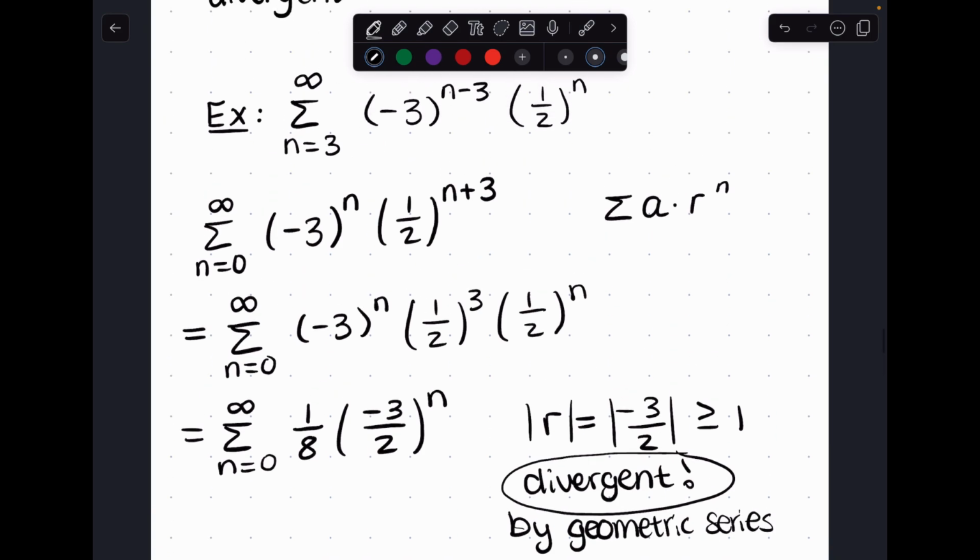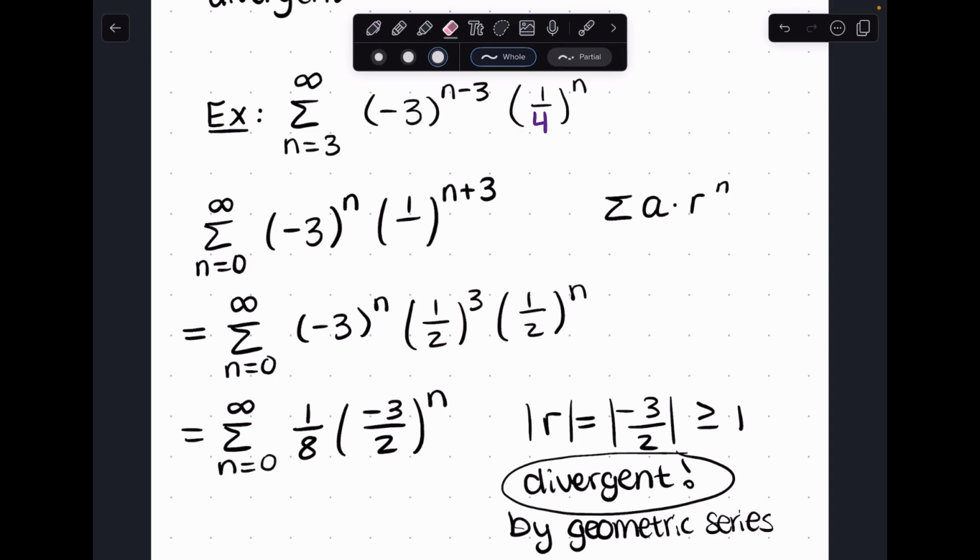Now, I want to show you how this work could be used if we had a convergent series. So let's suppose, I'm going to make some edits now, so it's not going to be the same problem. Let's suppose instead of a 2, I had a 1 over 4 to the n.